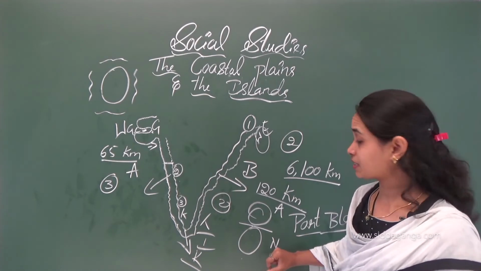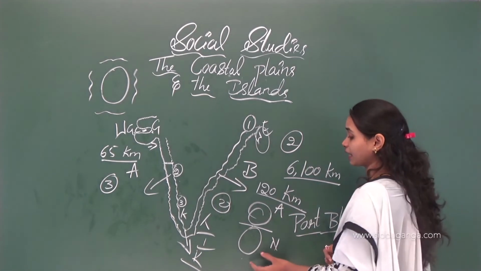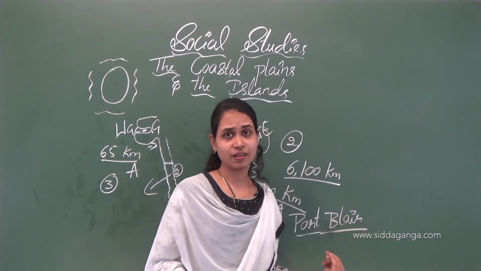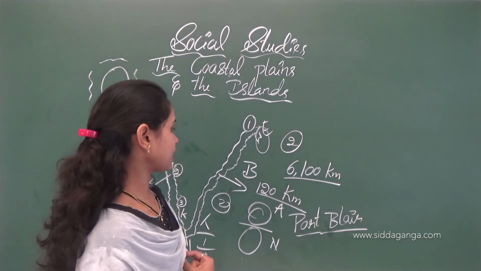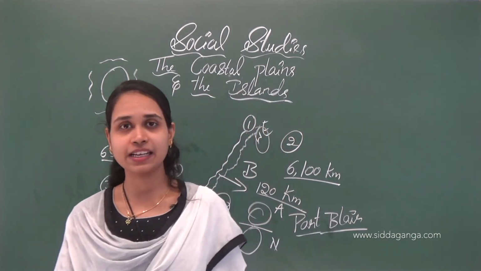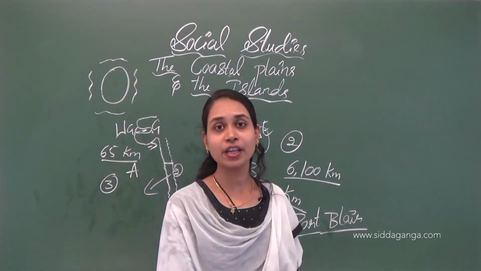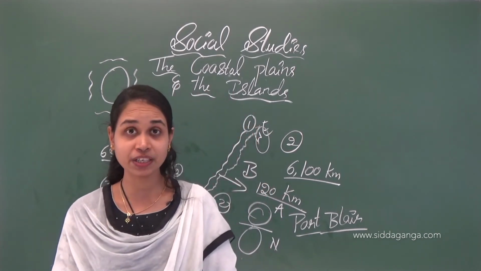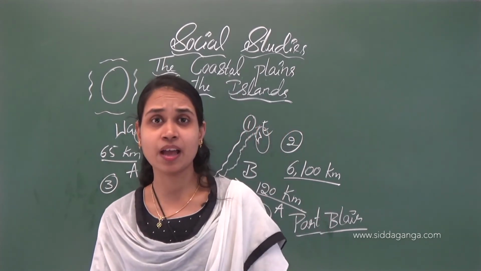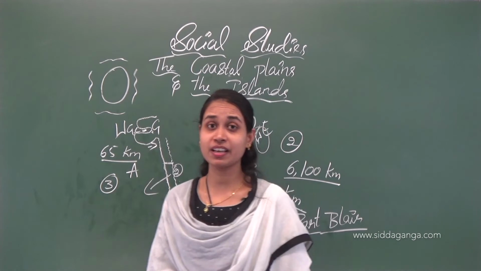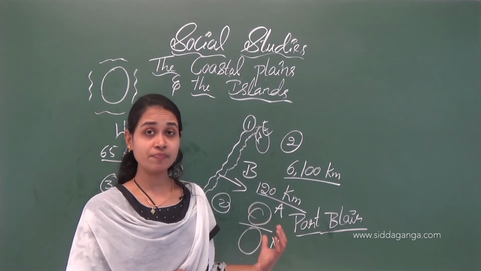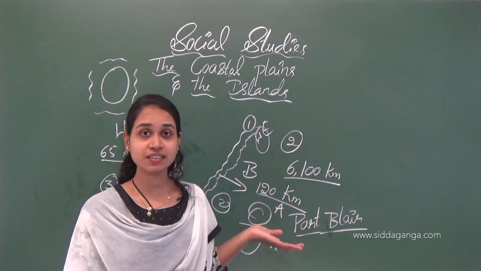So the cellular jail we can see here. This is the famous jail. Cellular Jail is in the Andaman and Nicobar Islands. The famous punishment given there was Kala Pani, the black water punishment. The Britishers gave it to the freedom fighters, isn't it?